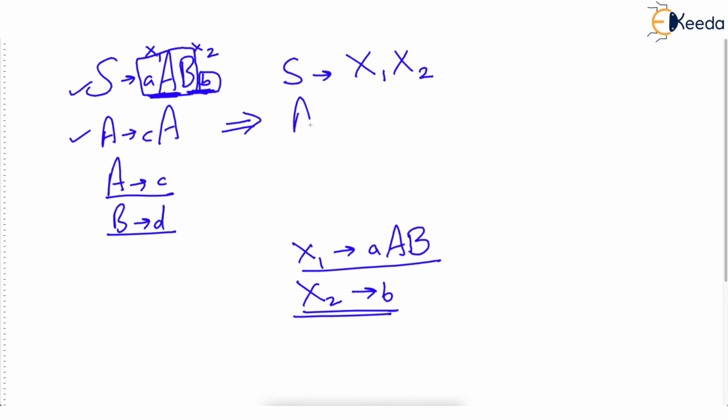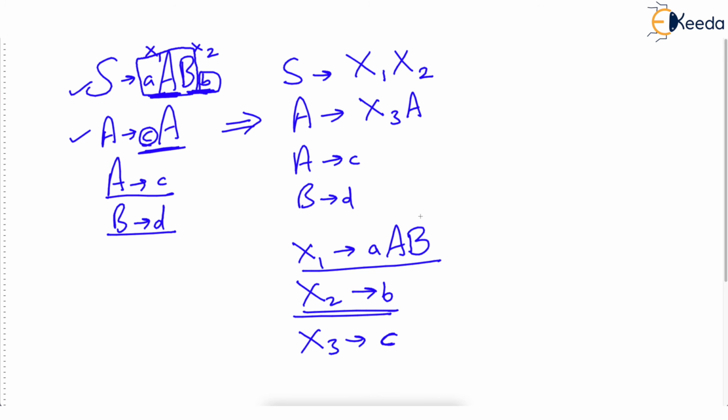Okay, what about A derives cA? You can write this as x3 followed by A, and you will call x3 as c. This is already in CNF, and A derives c and B derives d are already in CNF. Now, these are in CNF, but this isn't. So what can you do?